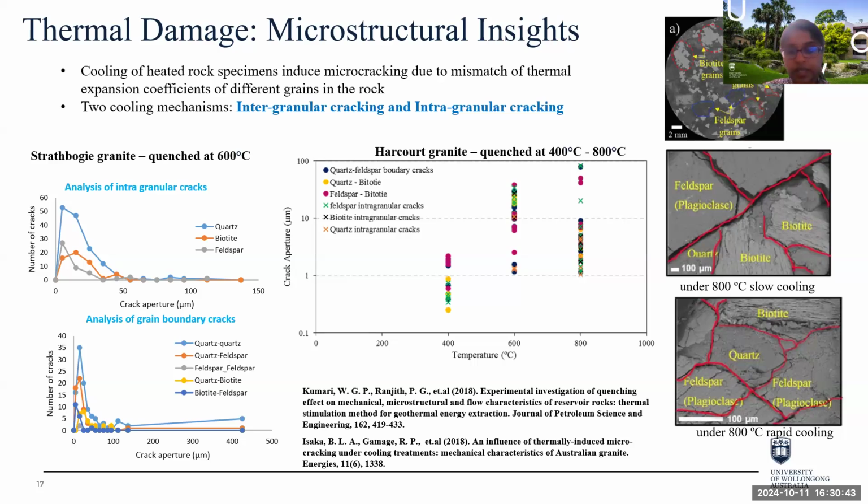In crystalline rocks like granite, we can identify two major modes of cracking. Intergranular cracking, this means cracks propagate along grain boundaries, as well as intragranular cracking, where cracks occur within weaker mineral phases.